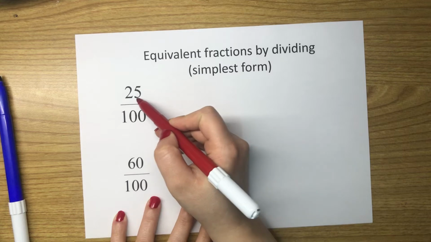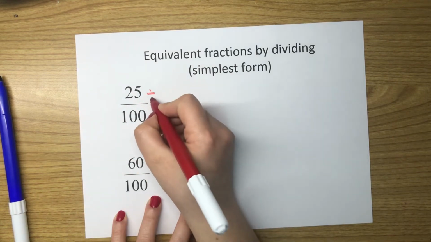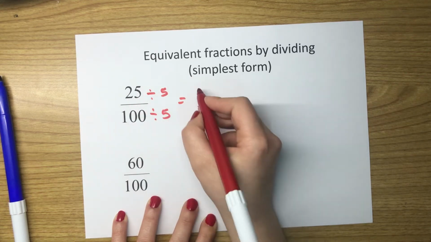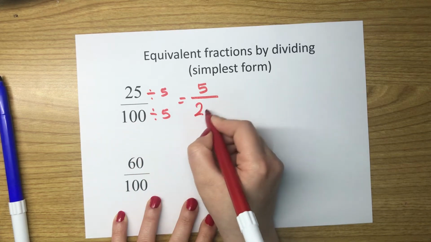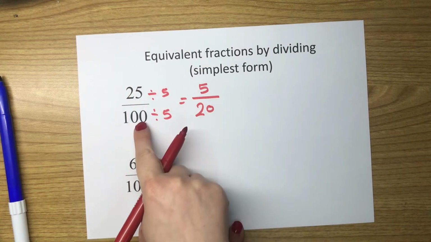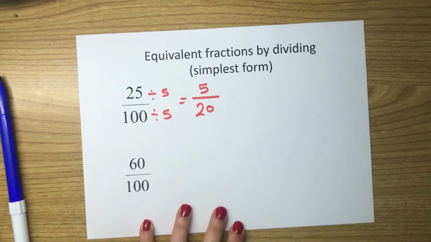This one ends with a 5, this one ends with 0, so both of these numbers are divisible by 5. 25 divided by 5 equals 5, 100 divided by 5 equals 20. Exactly.